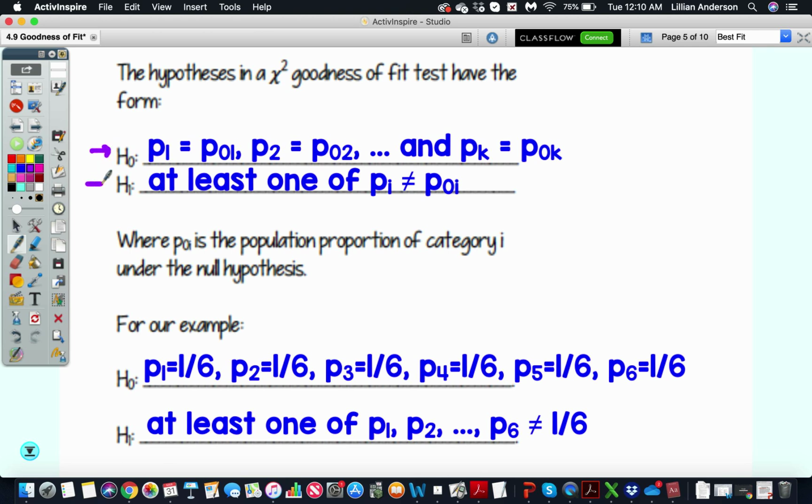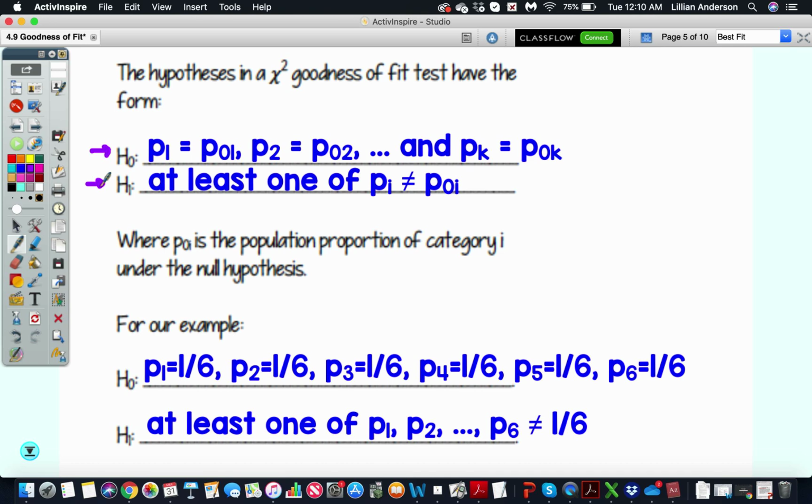So it says basically P sub 1 equals P sub 0,1, P sub 2 equals P sub 0,2, and so on and so forth, depending on how many categories you have. The alternative hypothesis is basically saying at least one of those categories does not equal the actual proportion. Okay, so P sub 0,i is the population proportion of the particular category under the null hypothesis.